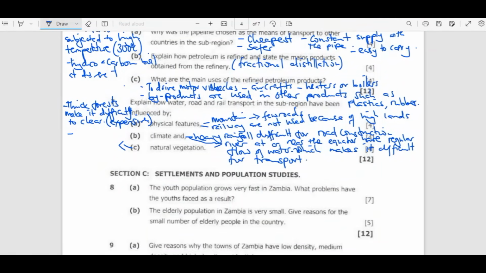And then the other one, apart from that, low grassland makes it easy for road construction.